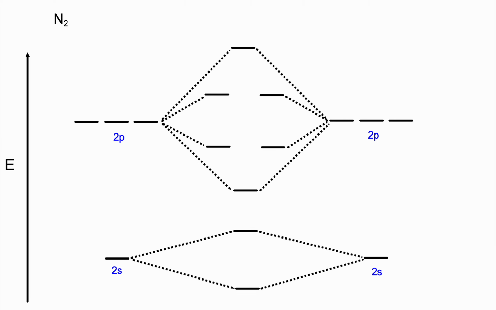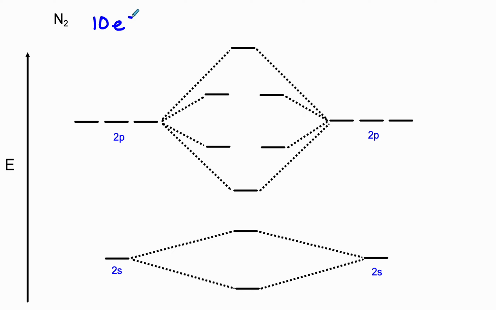So, let us now go through and look at molecular orbital descriptions of the diatomic molecules dinitrogen, dioxygen, and difluorine. And let's begin with N2. We will begin by counting valence electrons. Again, we're not worried about the 1s electrons. So the dinitrogen molecule has 10 valence electrons.